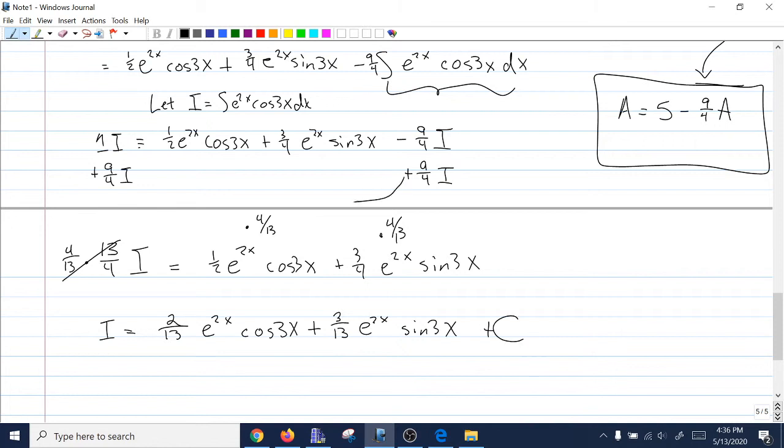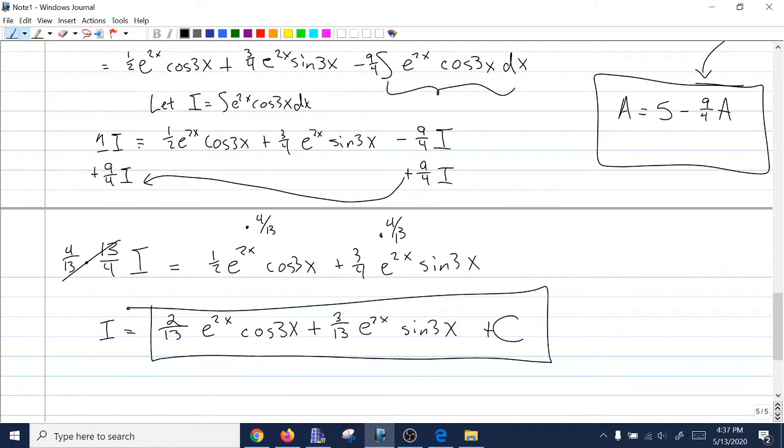I guess technically the plus c should have appeared when we combined these two integrals. These two integrals equal each other up to a constant, so how come there's no plus c? You just either remember it yourself or it should have shown up in this goofy step. And this is it. This is a really weird integration technique. Usually I want the problem to get easier.